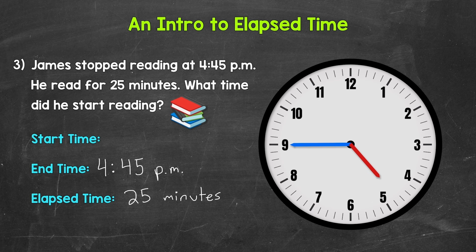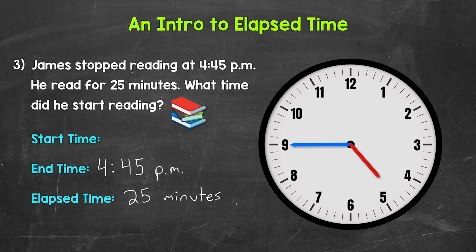We need to figure out the start time. So we're actually going to work backwards using the clock. The clock is showing the end time of 4:45 p.m. We need to go back 25 minutes to see what time James started reading.